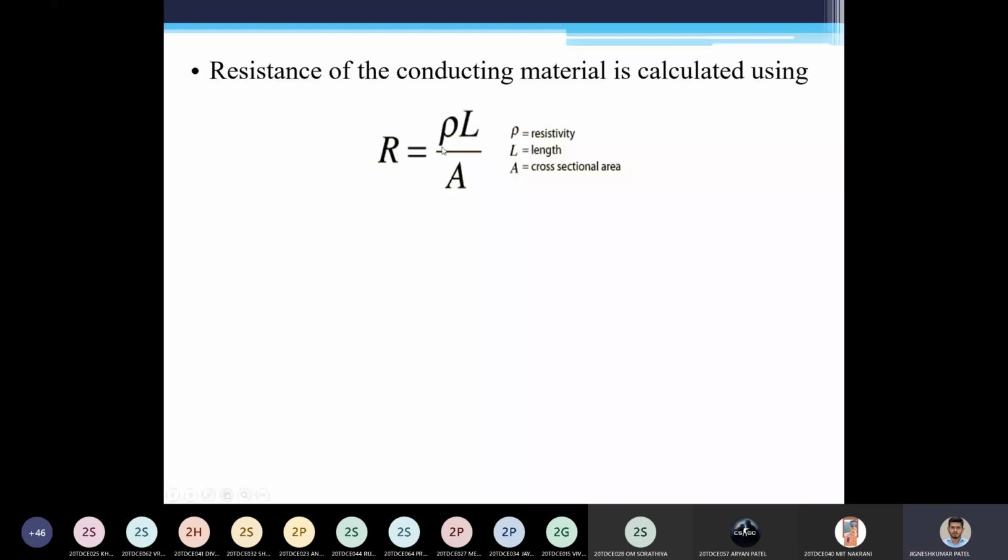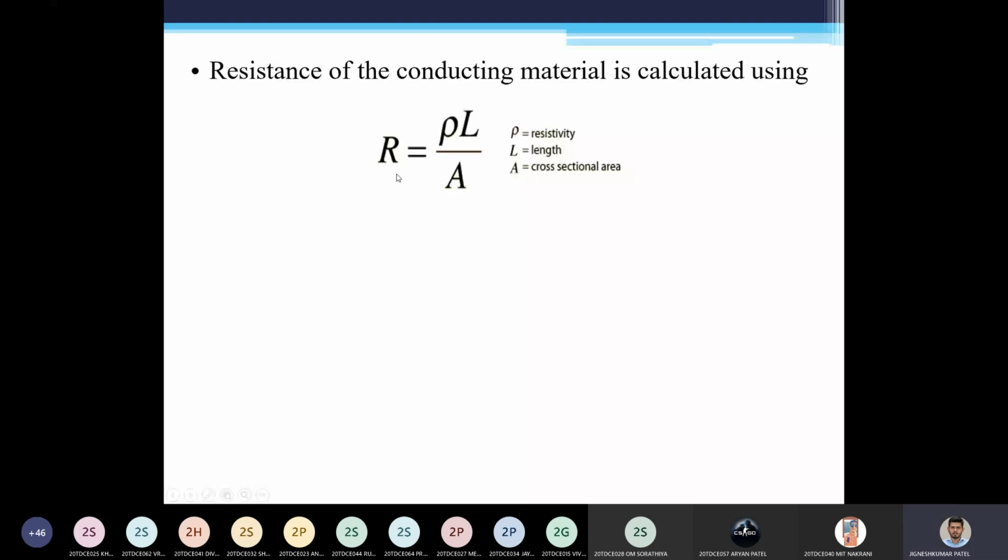The other two, L and A, are the physical properties of the object. For a rod, I will have a length and a cross-section area. So if you have these three pieces of information, you can easily find the resistance offered by the object.